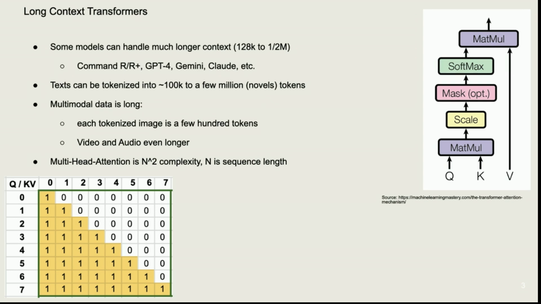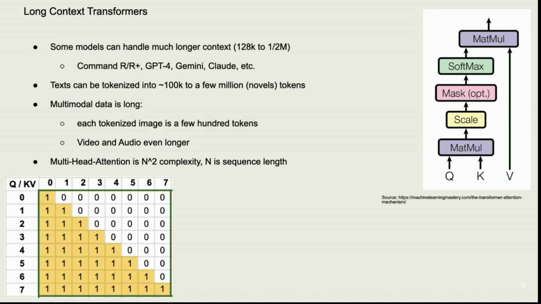And on the bottom left corner, you have an attention matrix, which is the product of the queries and keys. If you visualize the attention matrix with a causal mask, which is what most transformers use, you're going to see the whole bottom left triangle of this attention matrix needs to be computed by the accelerators.